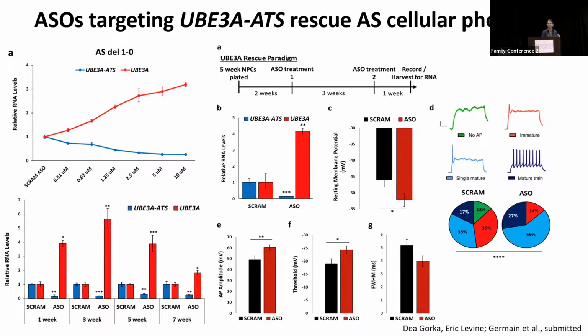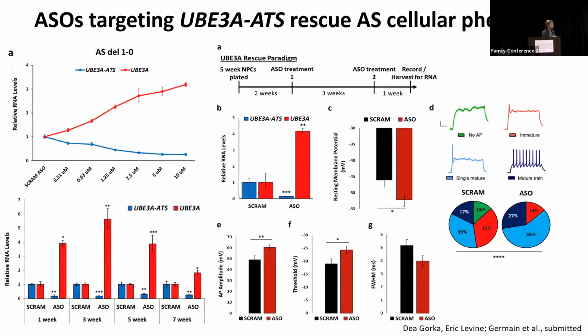They're less negative. And when we added the ASO to our Angelman neurons, it restored the negativity in the neurons. I don't mean that in a bad way. This is when negative is good. They're more hyperpolarized. There were other physiological phenotypes that I won't talk about here, but this was really the main one.